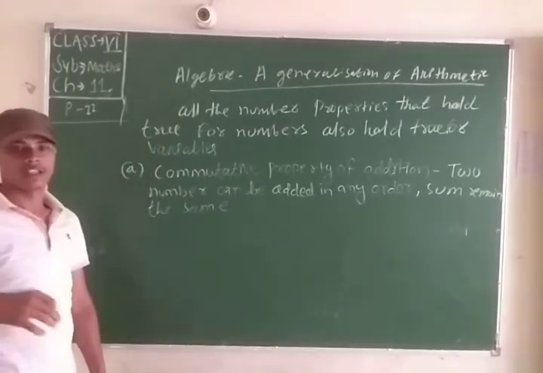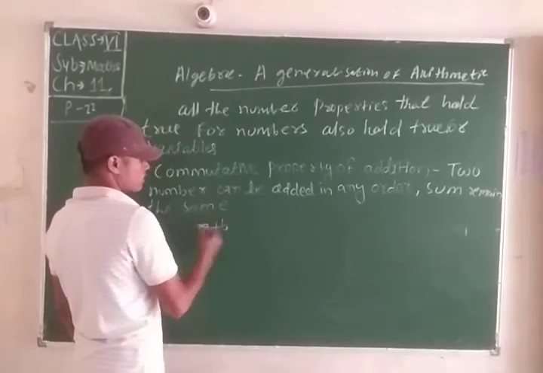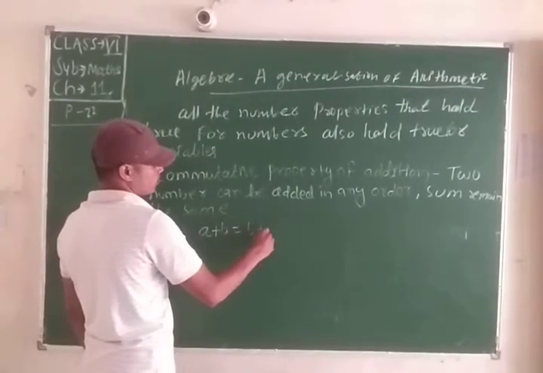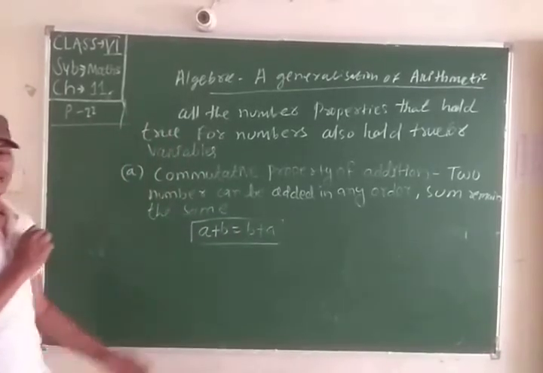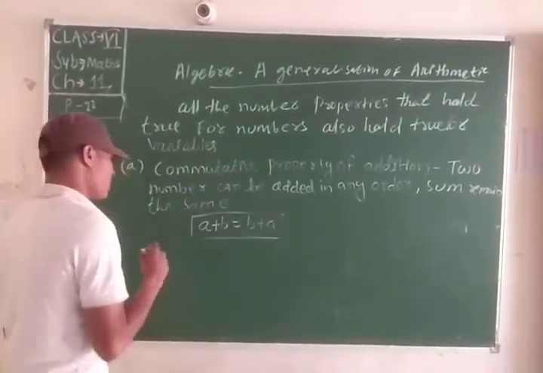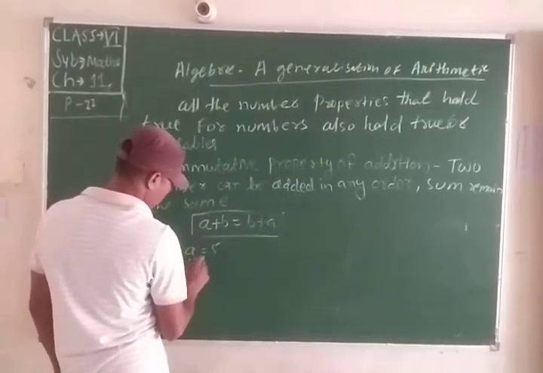Here is the example for variables. The commutative rule will be a plus b equals b plus a. This is the rule of the commutative property. Let us take a numerical example: let a equal 5 and b equal 6.